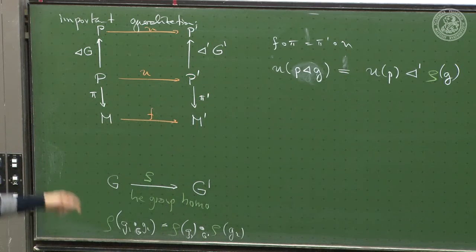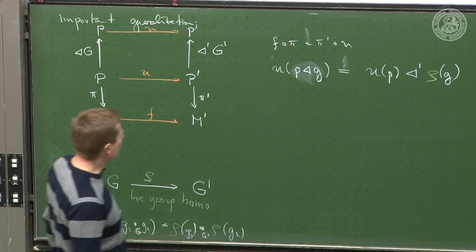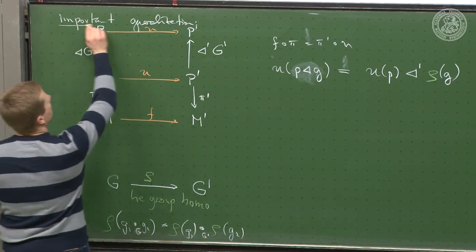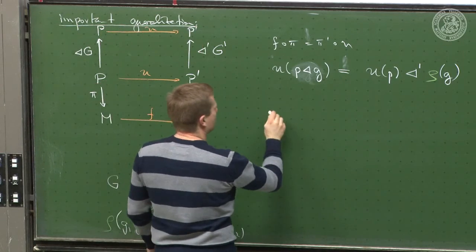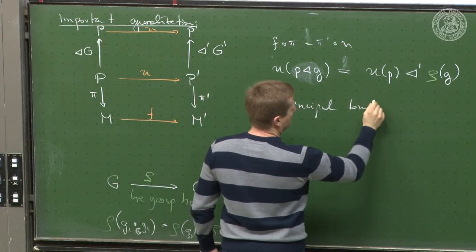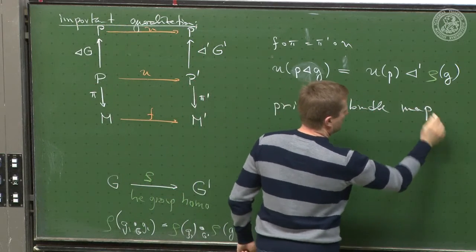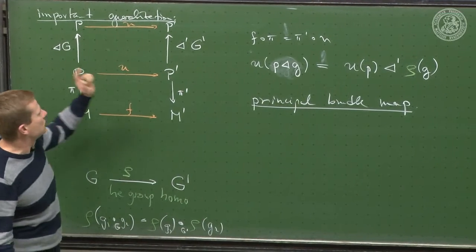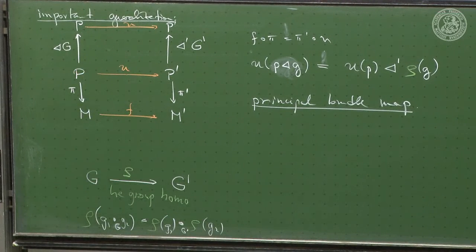It's totally obvious. Once you draw the diagrams, everything becomes child's play. Okay, and this is the important generalization. So this is then called a principal bundle map. Like before, but now you take it very seriously that you can have two entirely different principal bundles.